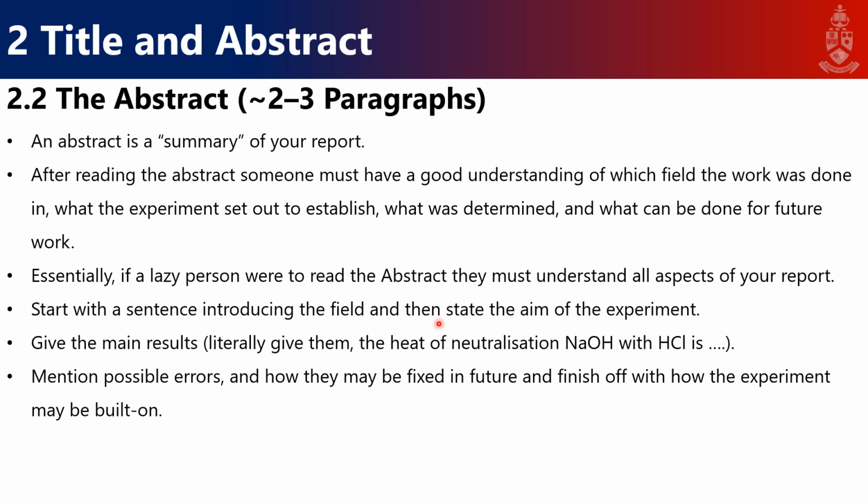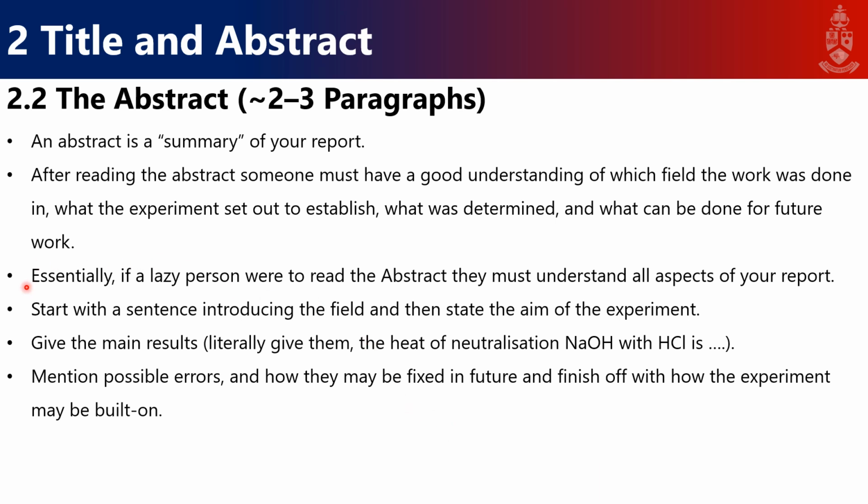Right, so what do we have this for? You've introduced the field, you stated the aim, you've given people the main results, but you also give them the negatives of your result. You say where you might have gone wrong, what happened, maybe a sentence or two regarding things that you did wrong, but also how you are going to fix them, and where you can better them for future experimentation.